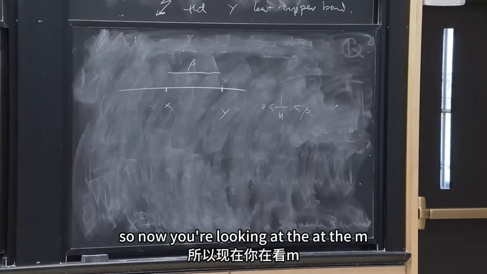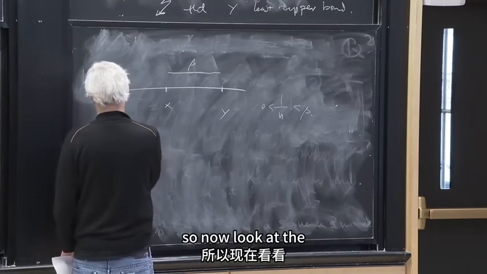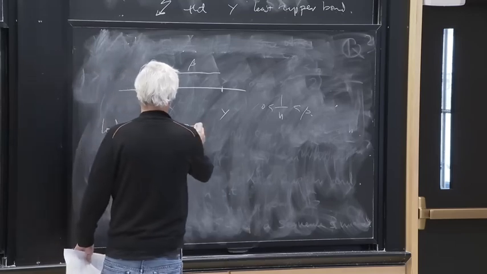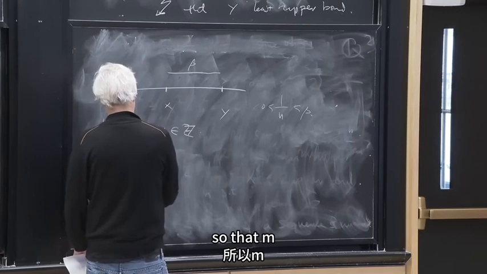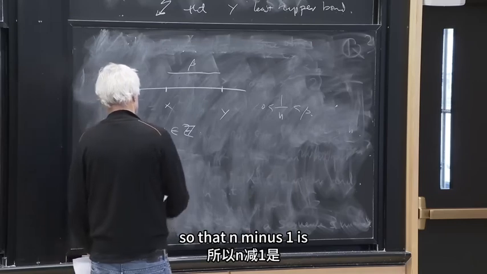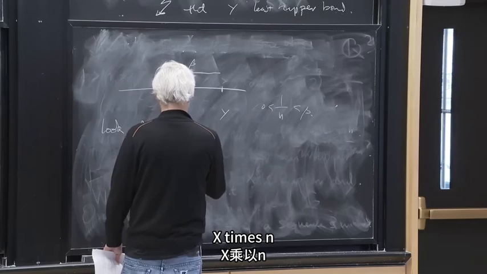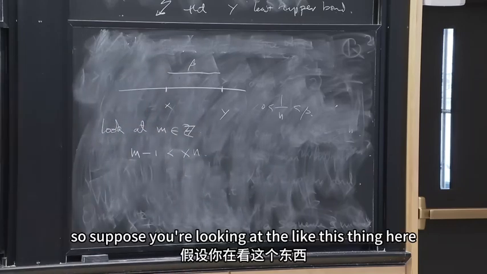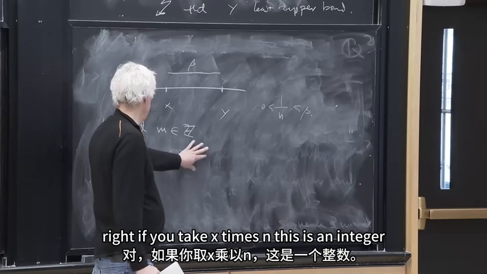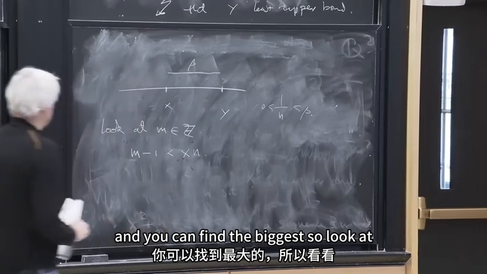So now you're looking at the m. So now look at the integers m such that m minus 1 is less than x times n. Suppose you're looking at this thing here, right? If you take x times n, there's definitely some m with this property, and you can find the biggest.